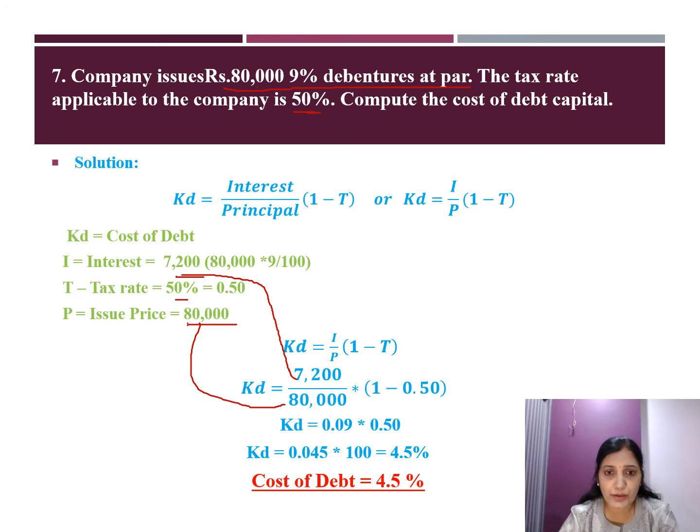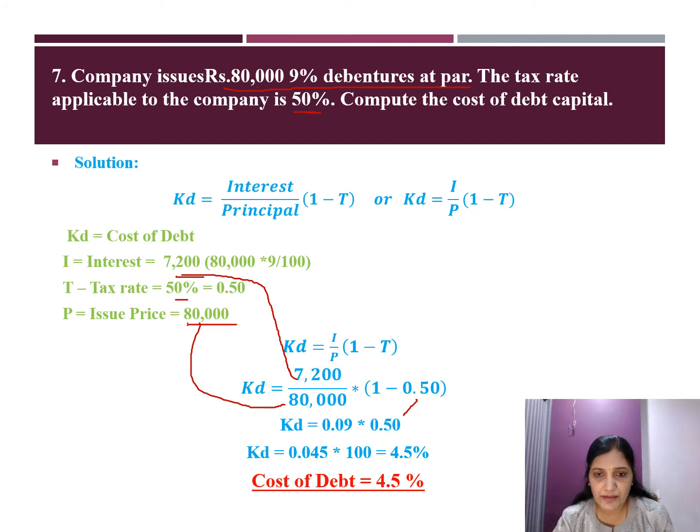So KD is equal to 0.90 into 0.50, that is equal to 0.045. This you have to multiply into 100 because we have to present all the answers in the form of percentage. So always multiply it into 100.